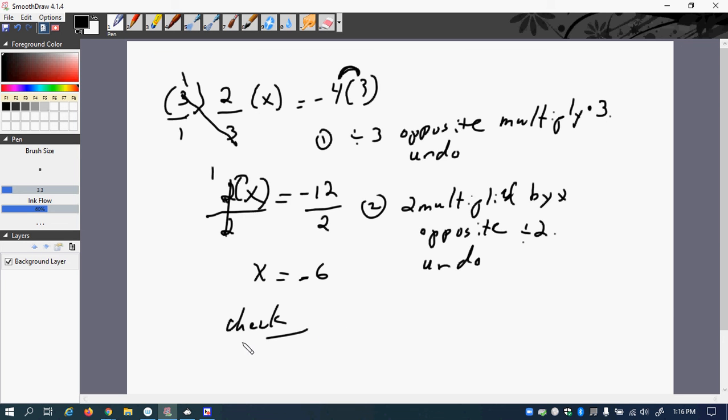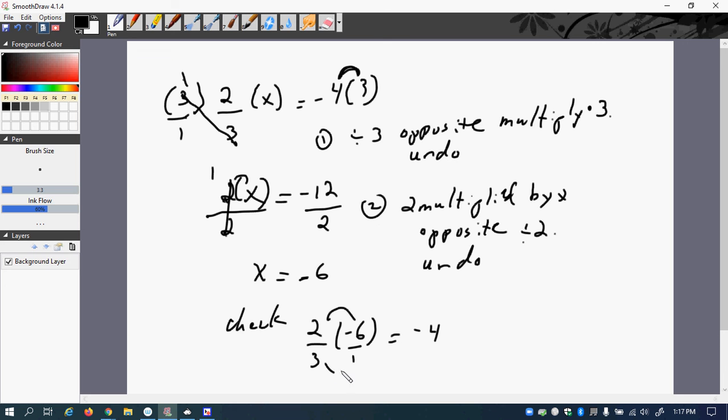Okay. So check is taking respuesta put back into problema. So, oops, excuse-moi. For this one here, we put 2 divided by 3 times negative 6 equal negative 12. No, equal to negative 4, sorry. Disculpen. Alright, so this is negative 6 over uno.